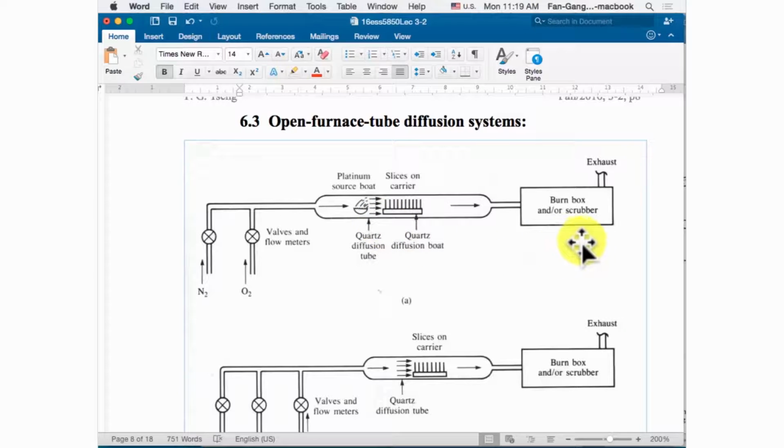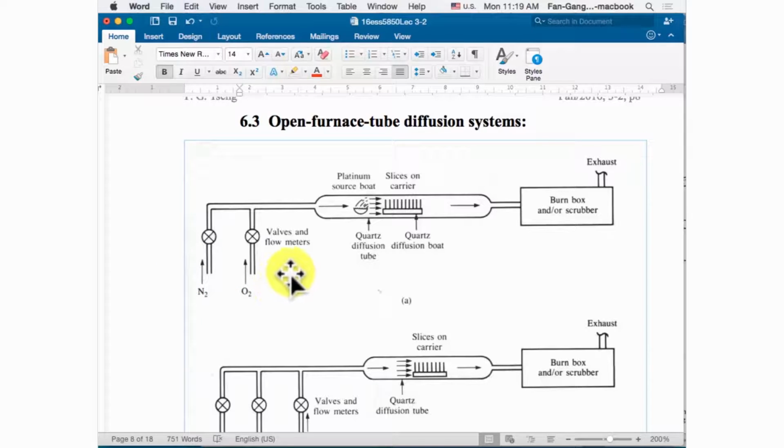So the tube, including all those gas control things, we call the furnace. Not only the solid source inside the tube, we also need to introduce some gas into the chamber for reaction, for example, nitrogen and oxygen.